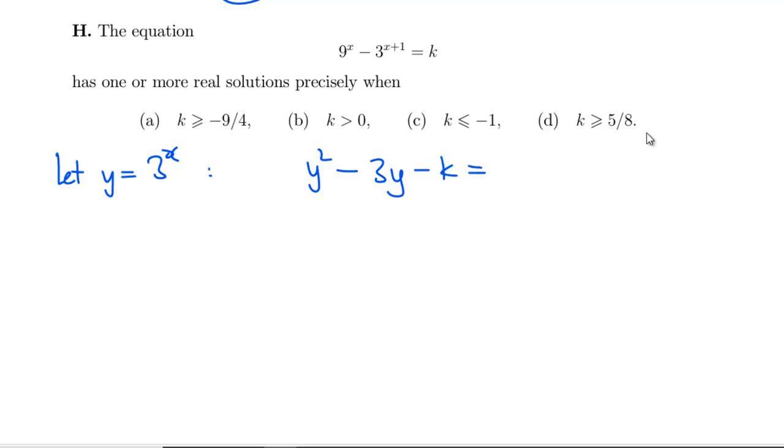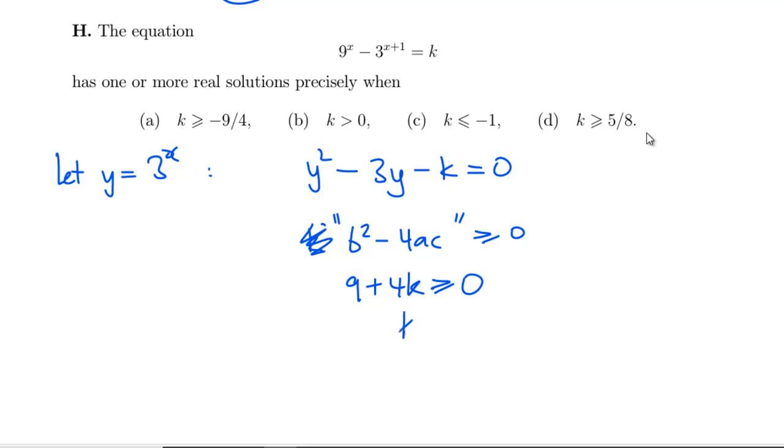So minus k is equal to 0. So we need one or more real solutions. So we're saying that b squared minus 4ac has to be greater than or equal to 0. So that is 9 plus 4k has to be greater than or equal to 0. So k has to be greater than or equal to minus 9 over 4, which is A.